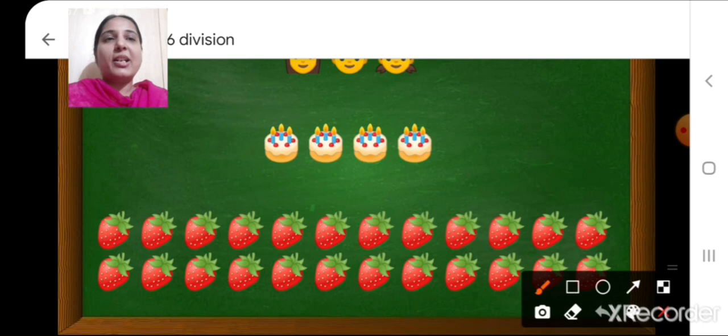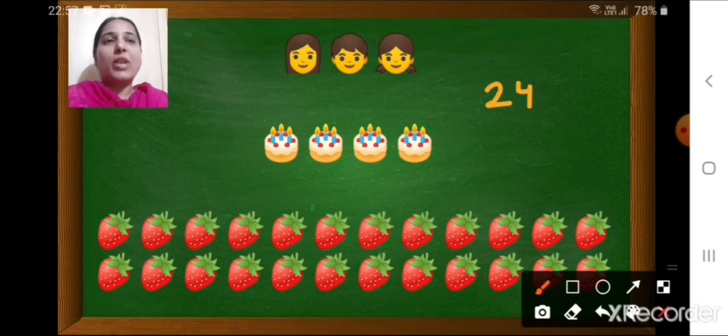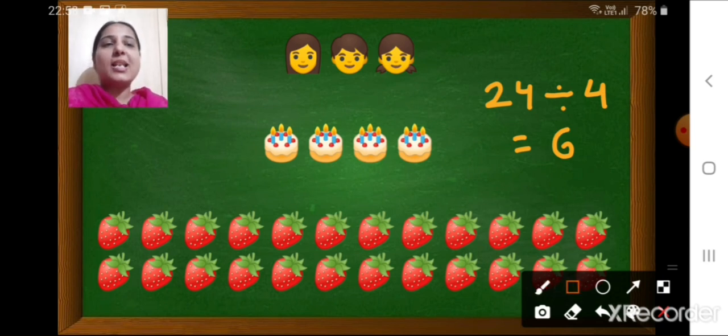So suppose children, there you can see 24 strawberries are there, and you have to divide them for 4 cakes. So 4 how many times gives you 24? Yes, 4 sixes are 24. So it means on each cake there should be how many strawberries? Yes, 6 strawberries.